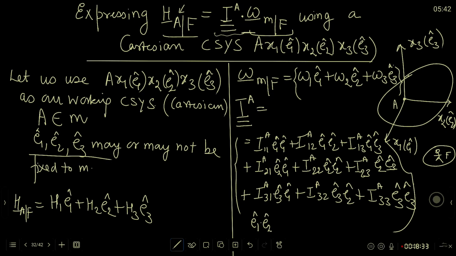If E1 is dotting with E2, this will be 0. If E1 is dotting with E3, this should be 0. They are mutually perpendicular unit vectors. However, if E1 is dotting with E1, that would be 1, and so on. So keep in mind that if I have three mutually perpendicular unit vectors, the dot products will be 0 unless both unit vectors are the same.